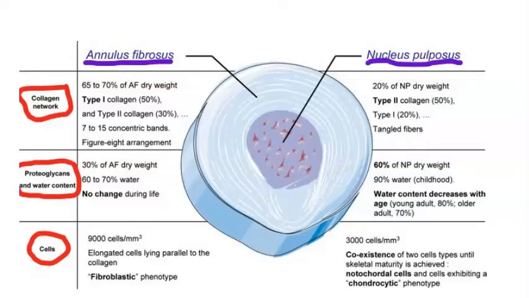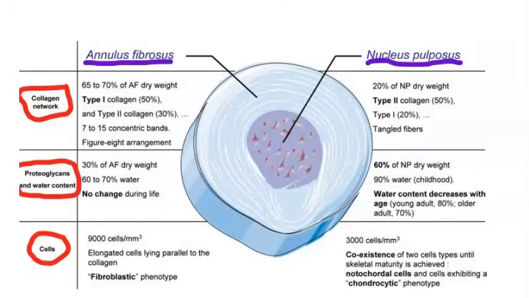It consists mainly of type 1 collagen, 50%, and type 2 collagen, 30%, in around 15 concentric bands in a figure 8 arrangement, whereas in the nucleus pulposus, regarding the collagen network, only 20% is dry weight, with predominantly type 2 collagen 50%, and type 1 20%. Its arrangement is tangled fibers.